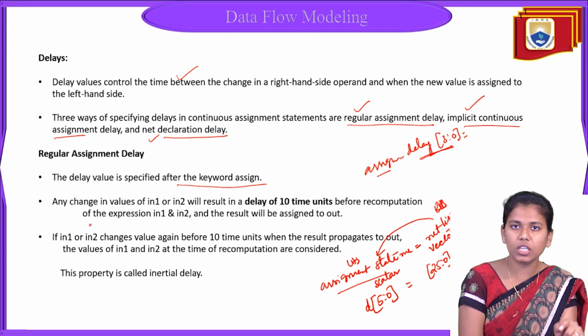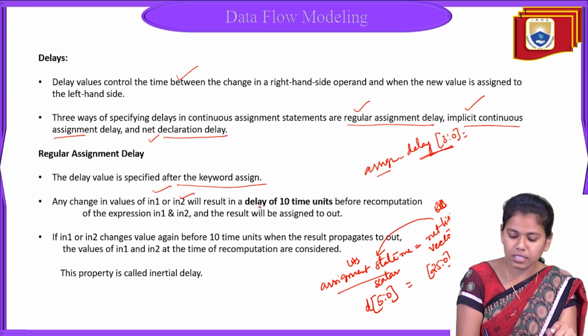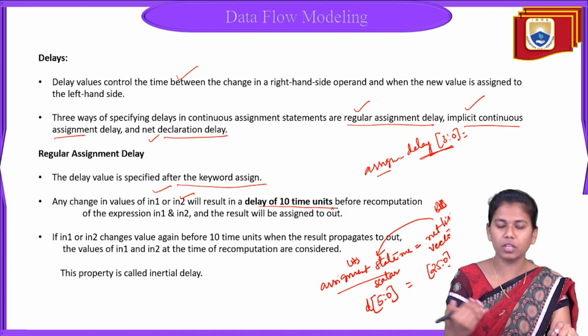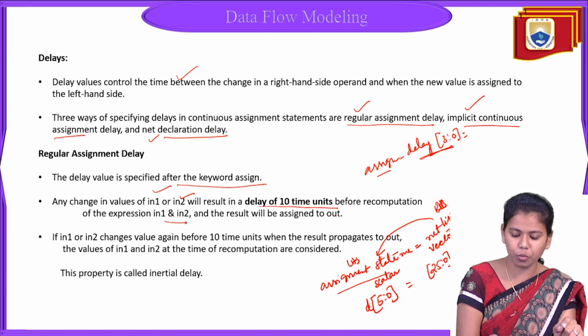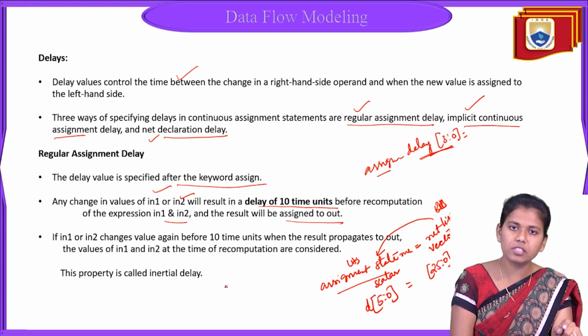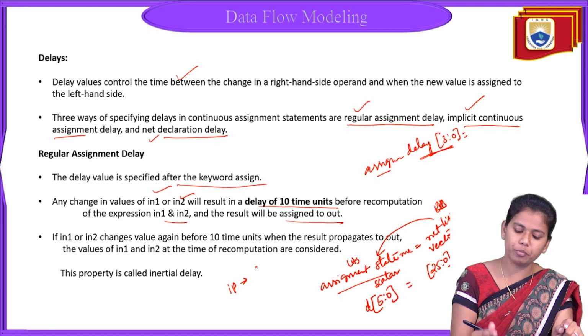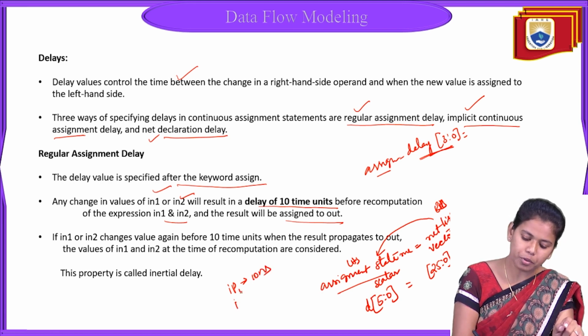Next, any change in the value of input 1 or input 2 results in a delay of 10 units before the recomputation of the expression, and the result will be assigned to out. Suppose the processing of input 1 takes 10 nanoseconds and the processing of input 2 takes 20 nanoseconds.